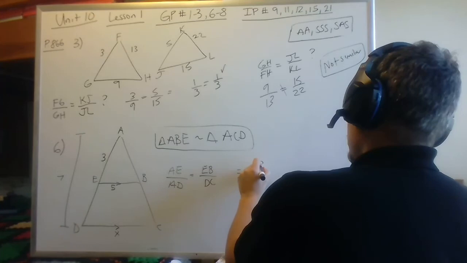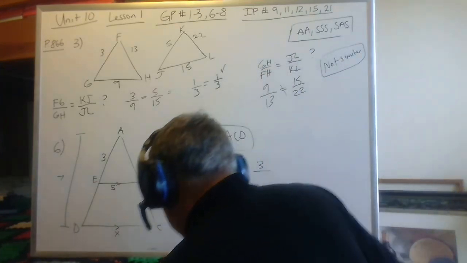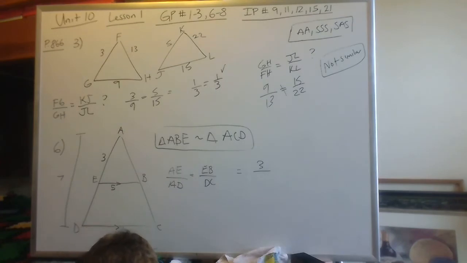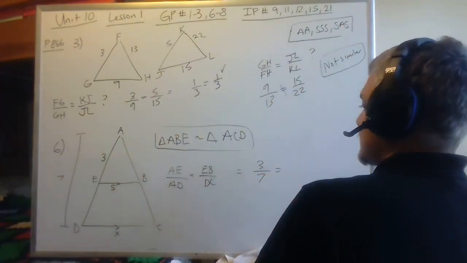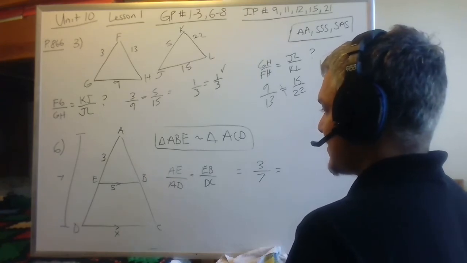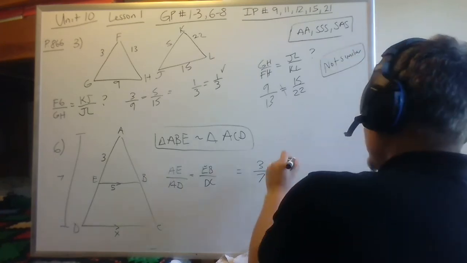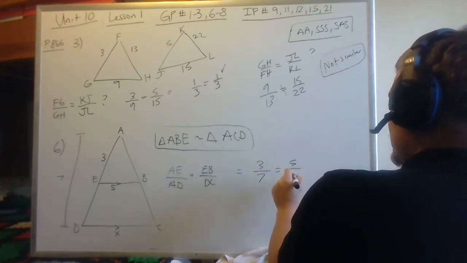So AE is 3. AD is the entire side length. So how high is that entire side length? That is the question. And I guess we'll label it as 7 and see if that works. And then we have EB, which is 5, over DC, which is X.